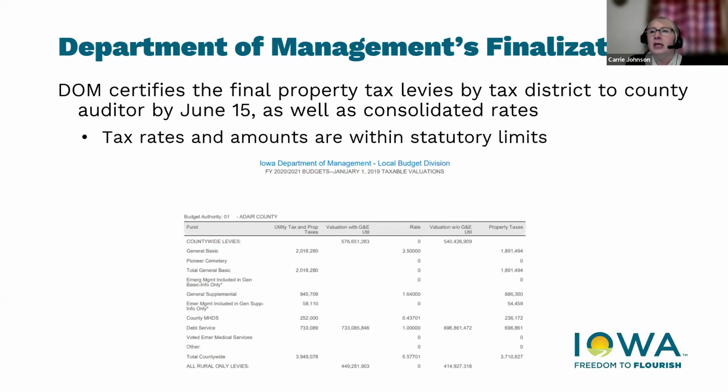It's basically the summary of the tax asking and the tax rates for each and every taxing entity. All your cities get one, all your schools, et cetera. It's found within our system. When we talk about certification, we'll talk about that in more detail. But DOM is just double checking that the tax rates and amounts are within the statutory limits. So that's kind of an overview of everybody's roles in the process.